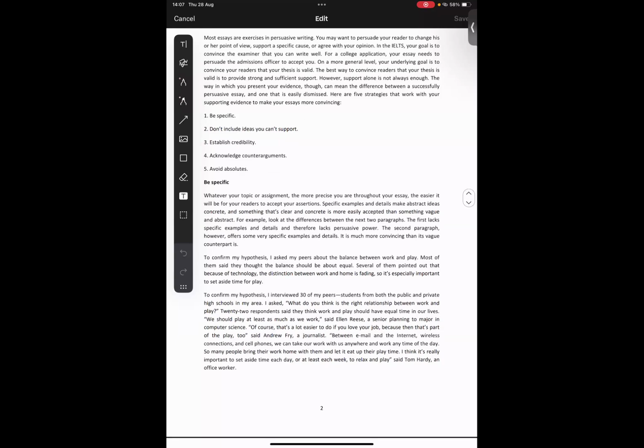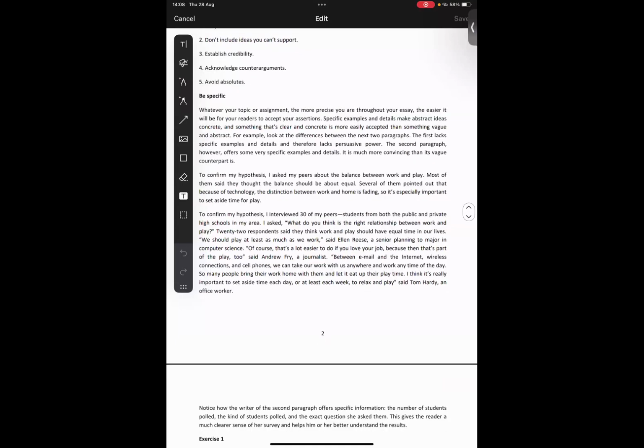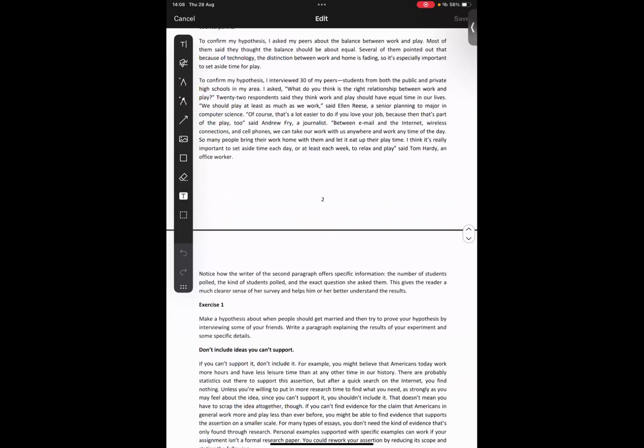And if you look at the example from our last session, you will see that these two paragraphs have different levels of persuasive power. These two paragraphs talk about the same thing, but the first paragraph lacked the power to persuade people because it begs so many questions.